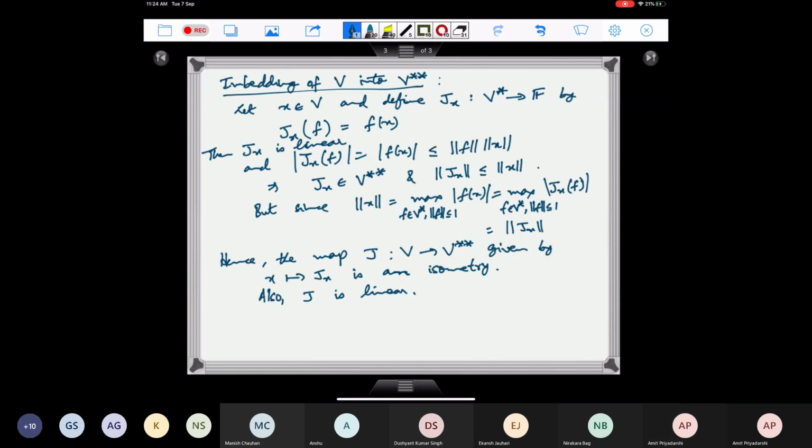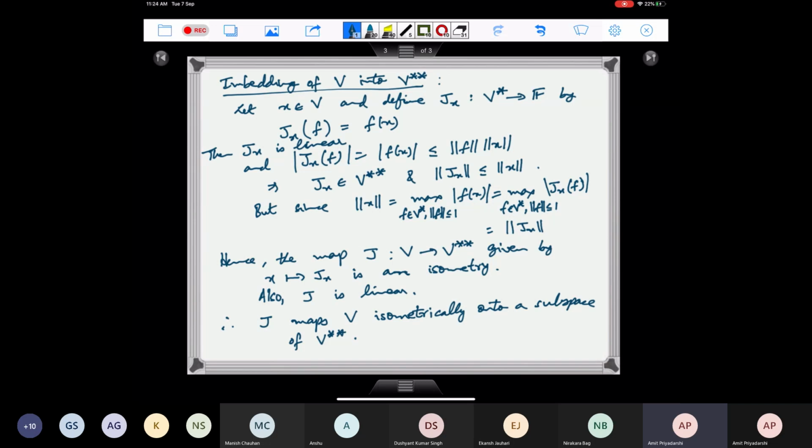So therefore, J maps V isometrically onto a subspace of V double star.